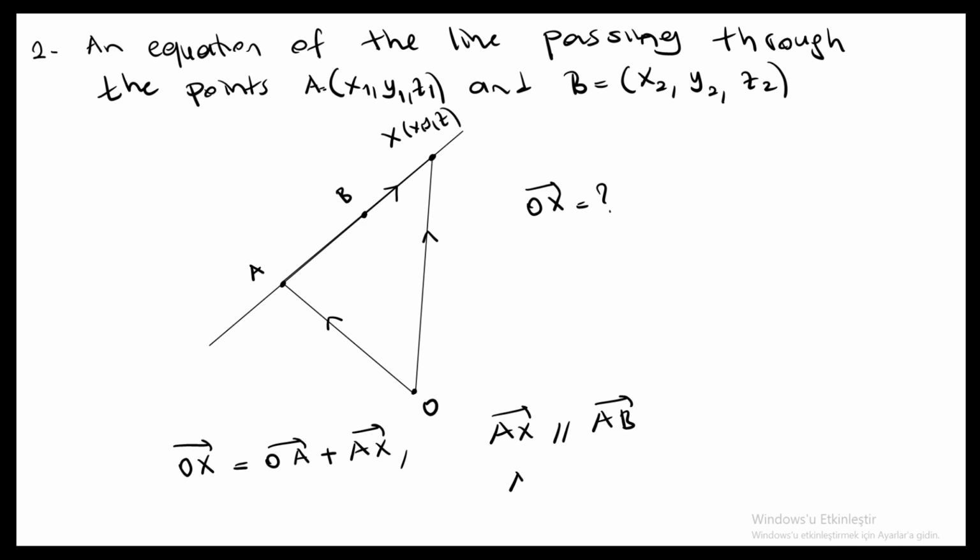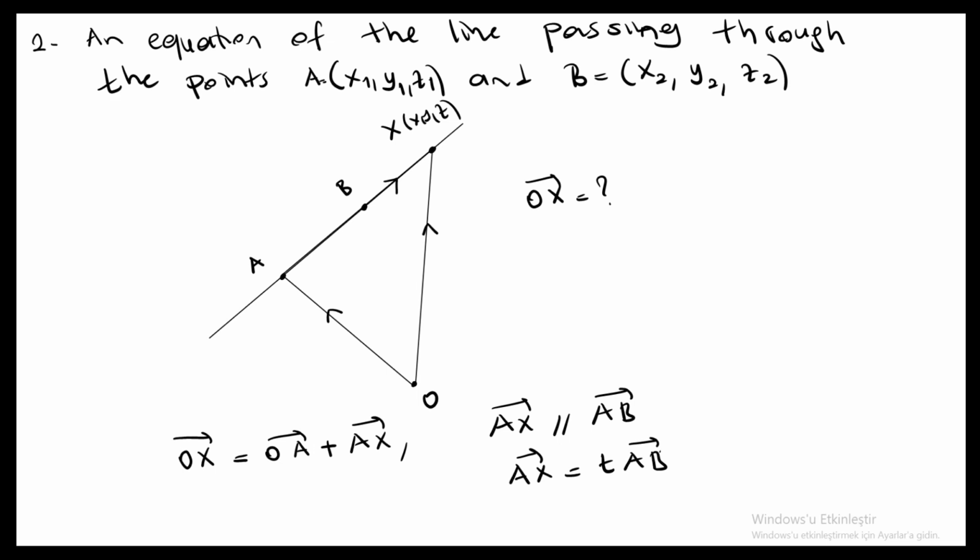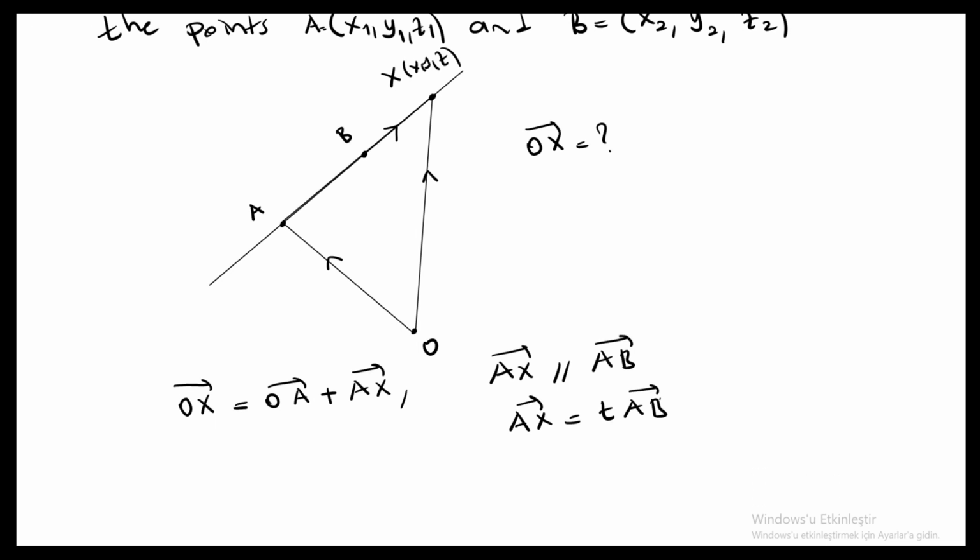So you can write AX as t times AB. Now put this information here: OX is OA plus t times AB.